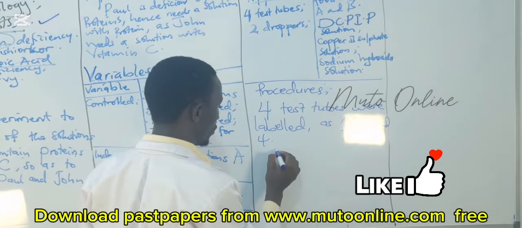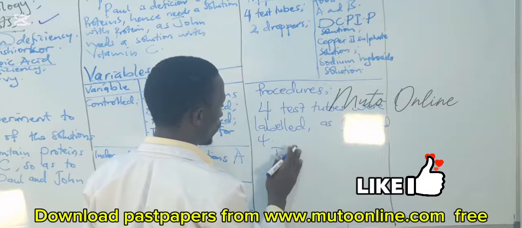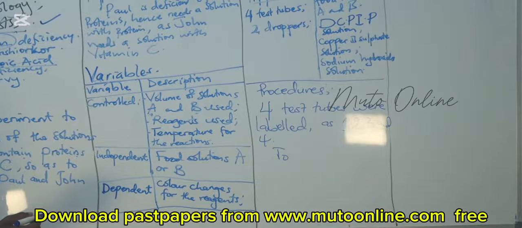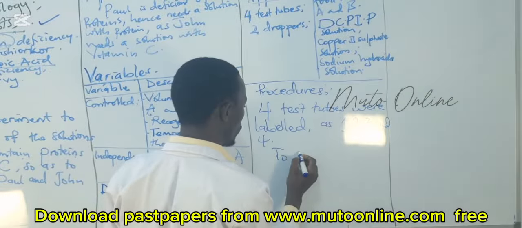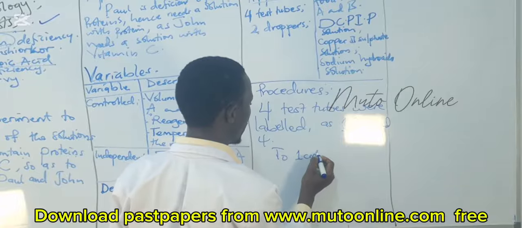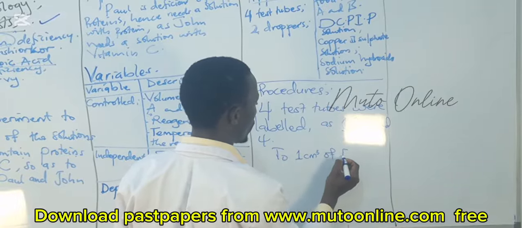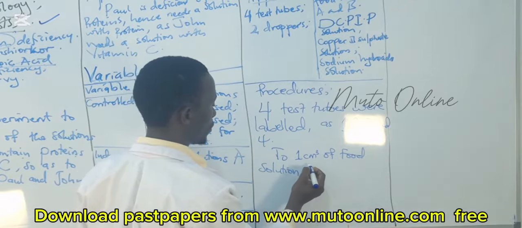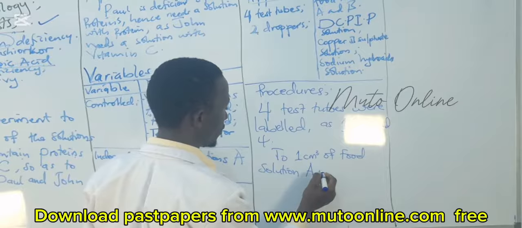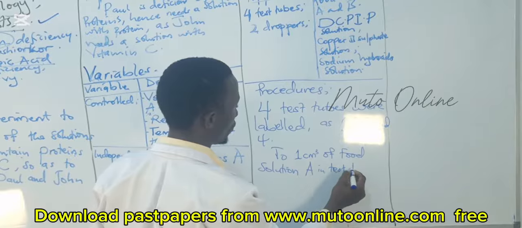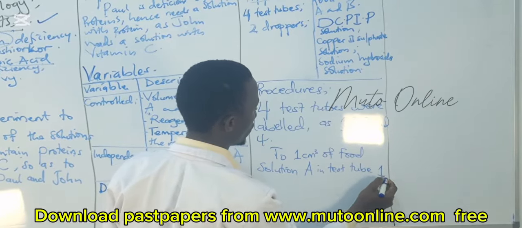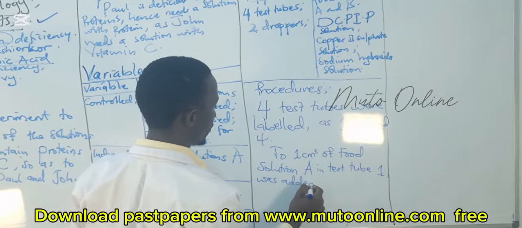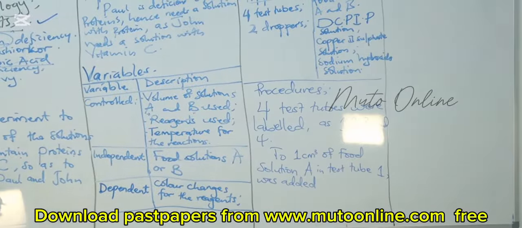Then we start to test. We are going to start with the protein test on A. To 1 cubic centimeter of food solution A in test tube 1 was added. Now we are testing for proteins.